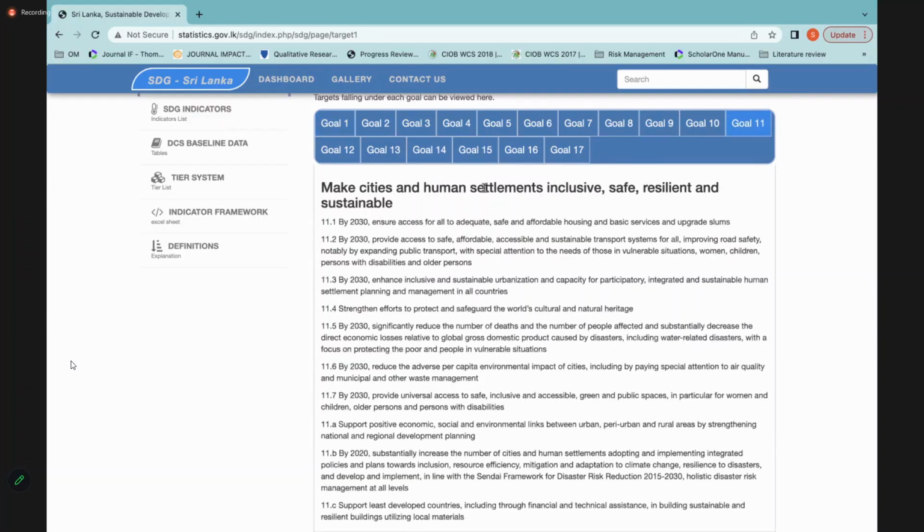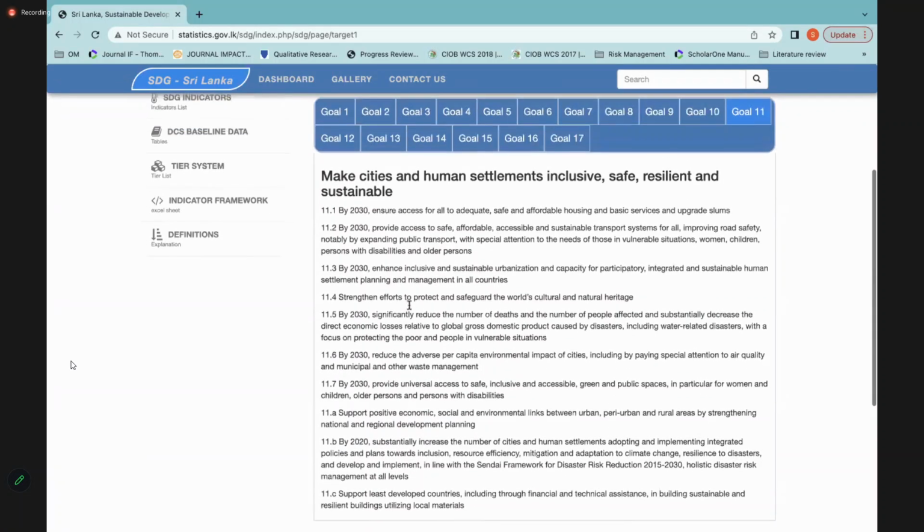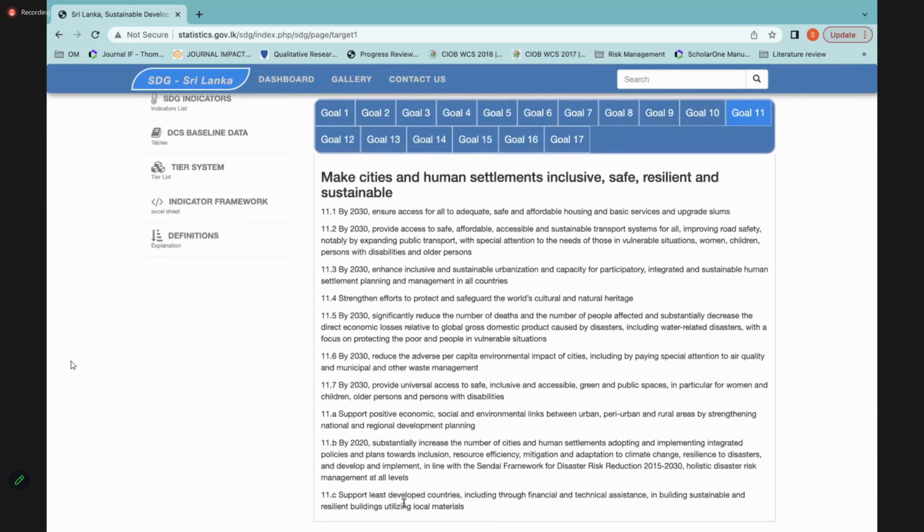For making cities and human settlements inclusive, safe, resilient, and sustainable, which is the 11th goal, these are the targets that have been set. By 2030, ensure access for all to adequate, safe, and affordable housing and basic services and upgrade slums.